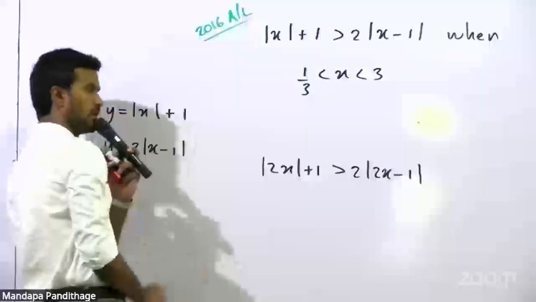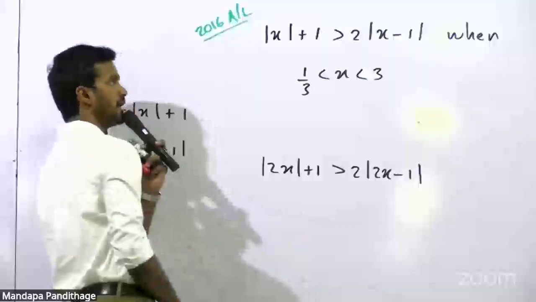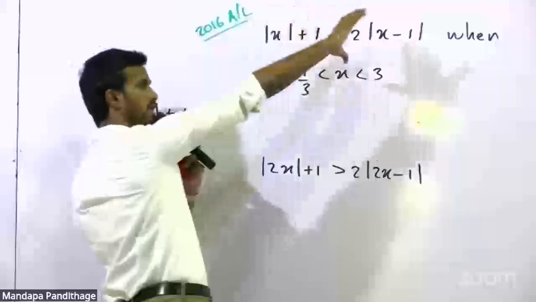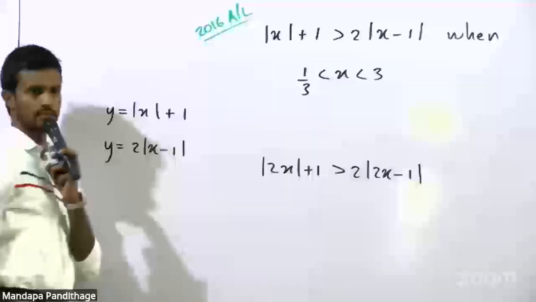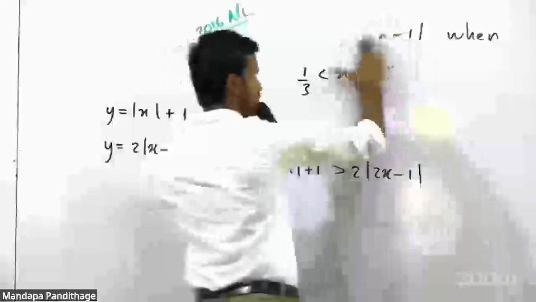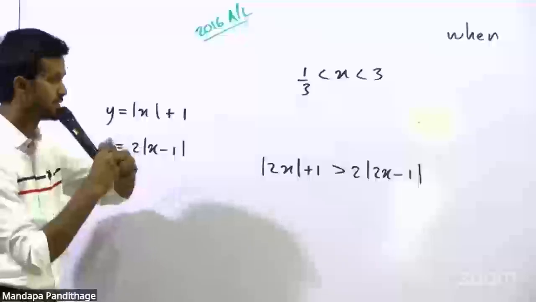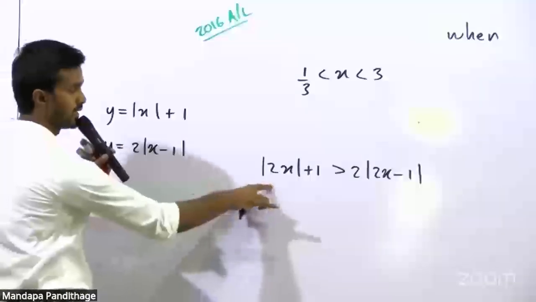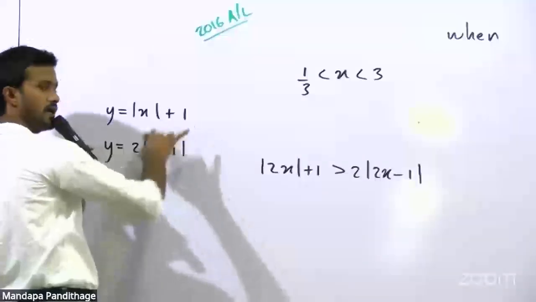So what do I do here? I'll be keeping this away and I'll be solving the inequality consisting of the functions that we have sketched. So now forget about this one. So you know the answer. So you have been given to solve this one. So first thing is you need to write the inequality which is equivalent to the graph that we have drawn.